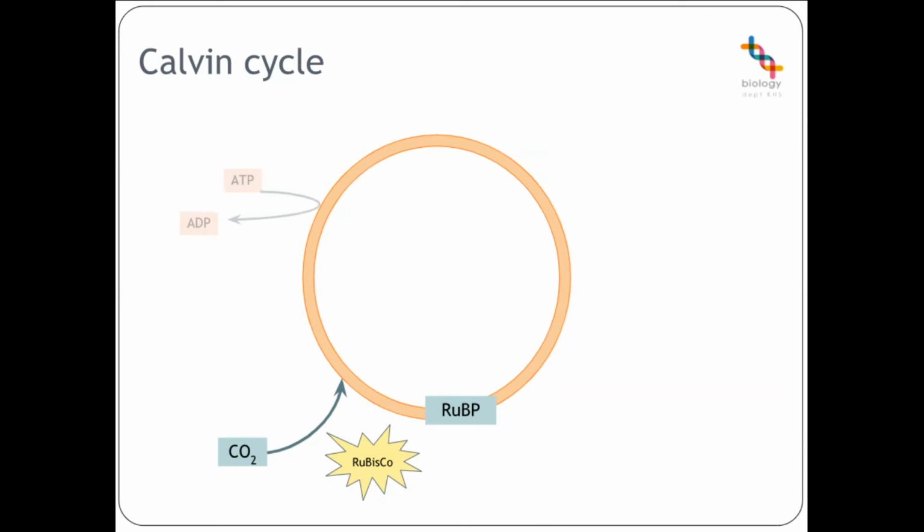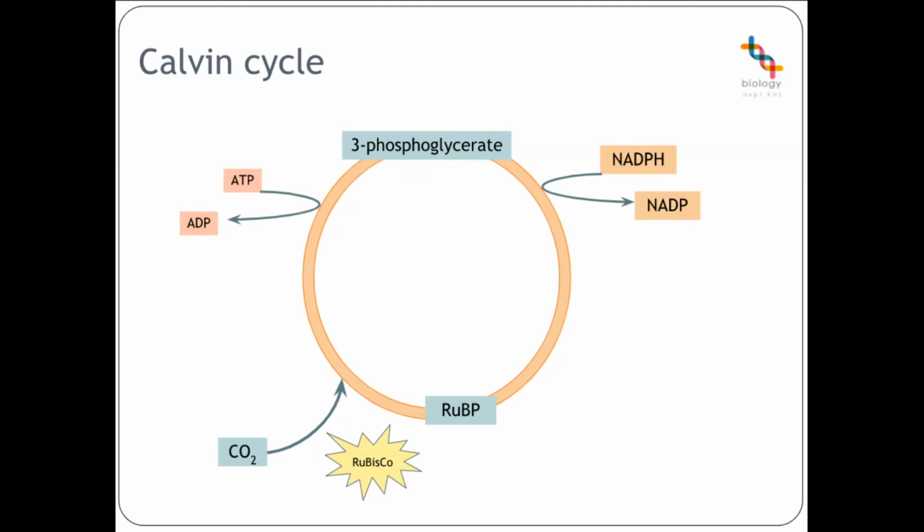Now when they combine, they are phosphorylated, and this produces a molecule called 3-phosphoglycerate, or just referred to as an intermediate.